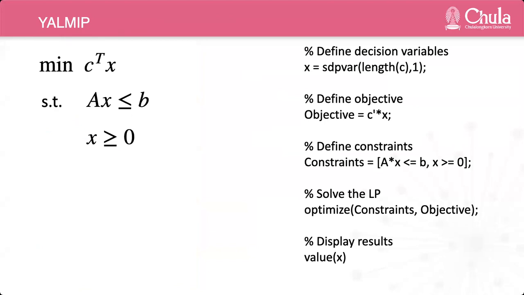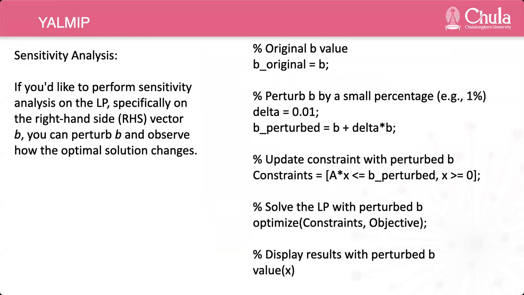Also, you can solve the problem by using YALMIP. I put the code here, on the right hand side, to solve that one. Also, how to find the sensitivity analysis report using YALMIP, the code is here.